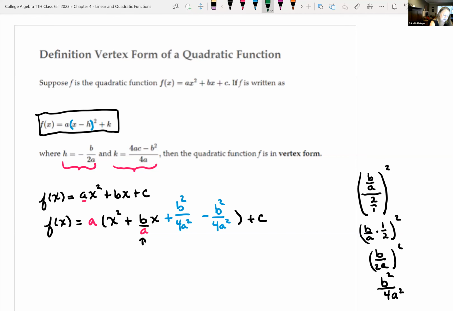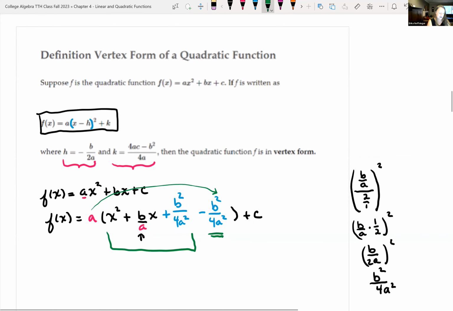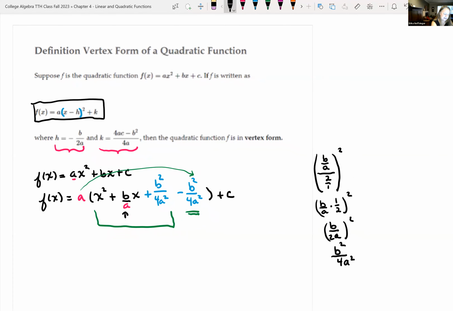The thing is that the first 3 terms is our perfect square. We do not want this negative b squared all over 4a squared inside our parentheses. And so technically I can move that piece outside of my parentheses if I had distributed this negative or this a in there. And so if I did that, I have f of x is equal to a all times, let's rewrite this piece as a perfect square.